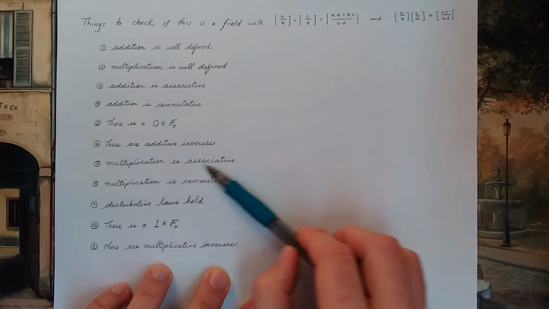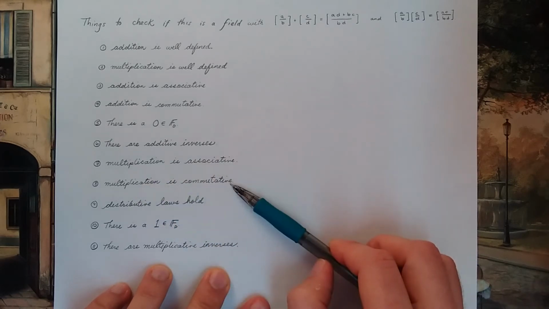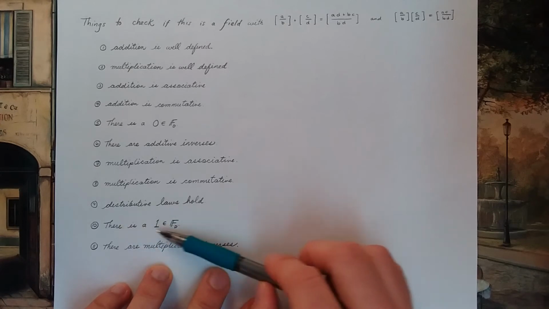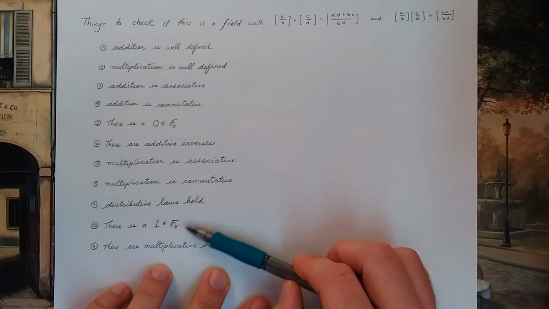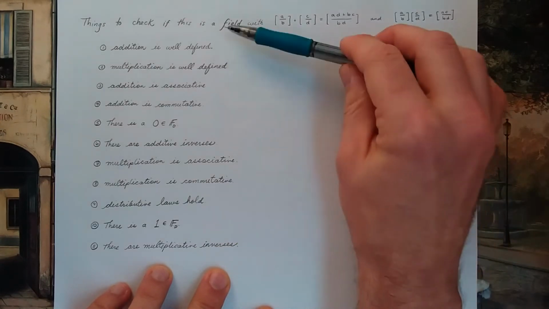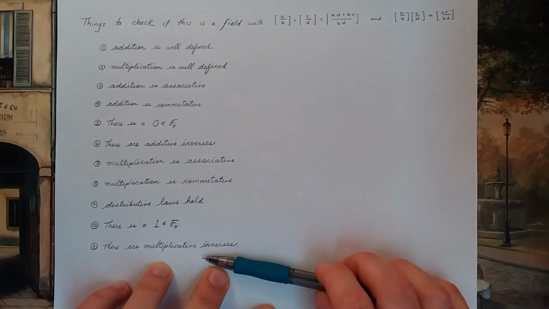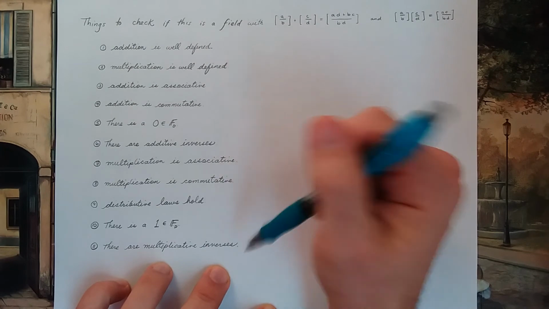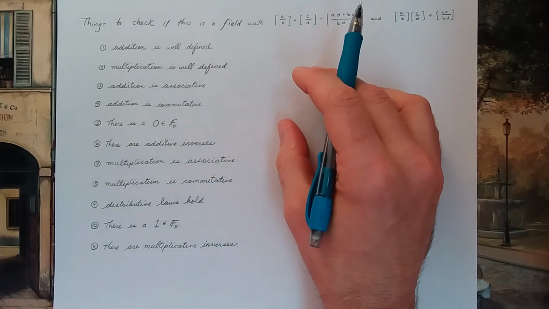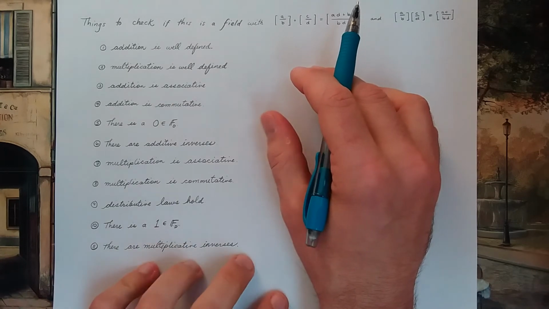You need to check multiplication is also associative, commutative. You need to verify the distributive laws hold, and there needs to be a multiplicative identity and multiplicative inverses in the field. So there's actually 11 things to verify, and all of them are routine, so I'm not going to verify them all. In fact, maybe I'll only check a few of them.